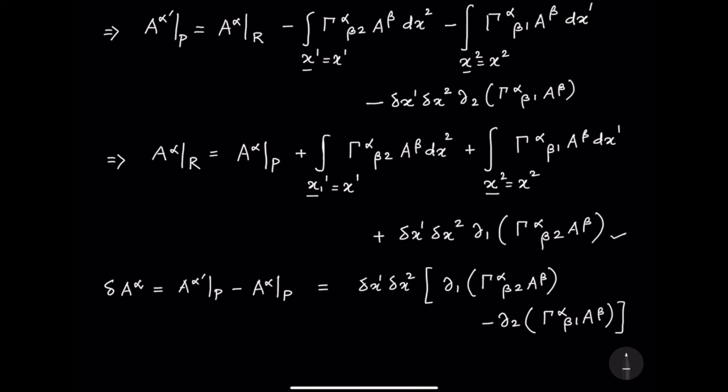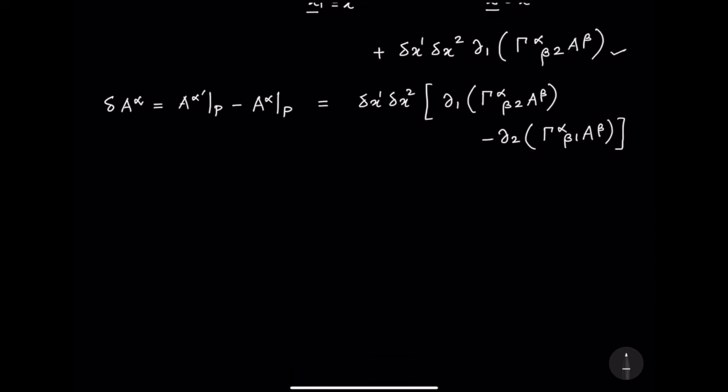which I can now simplify a little bit and write delta A alpha is delta x1, delta x2. Let's do the derivatives inside. So this will be gamma alpha beta 2 comma 1. I'm using Leibniz rule essentially. And let me write what comes from the other one first. Similar term. This also comes with A beta.